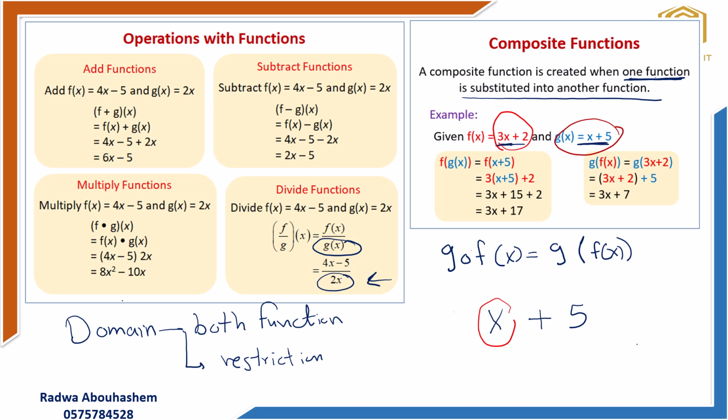So here it is: 3x plus 2, plus 5 gives me 3x plus 7. So this is g composite f. Again, you just erase the x and put the other function instead of it. I hope that made it clear for you.